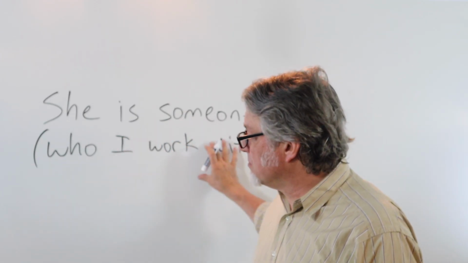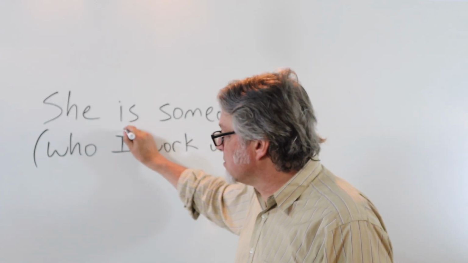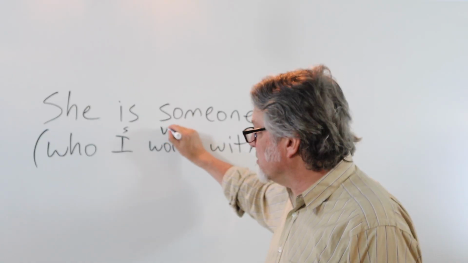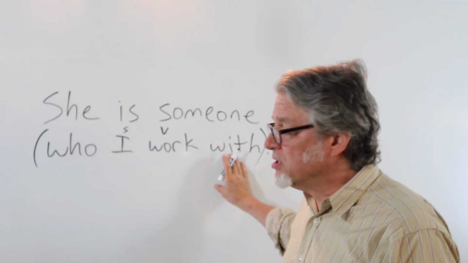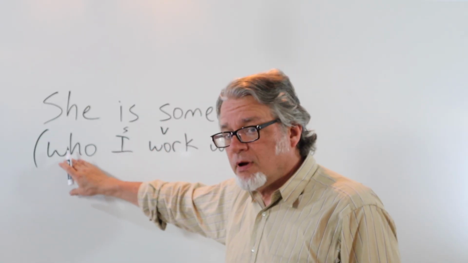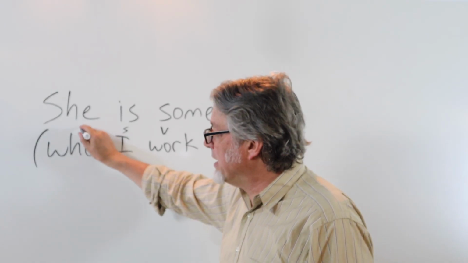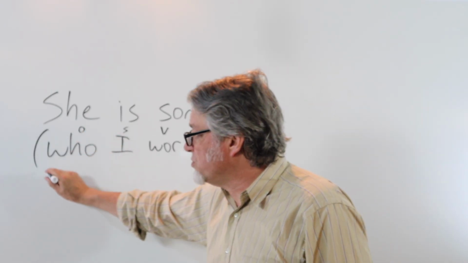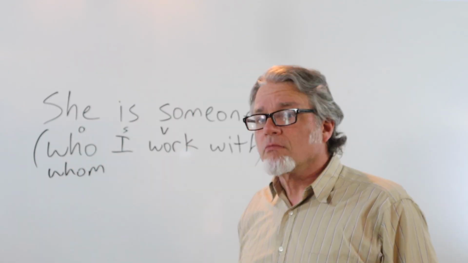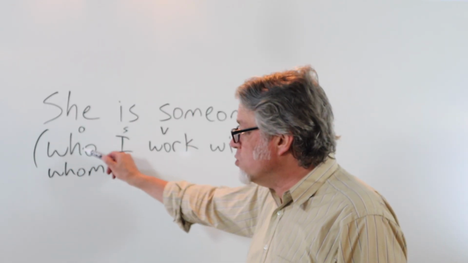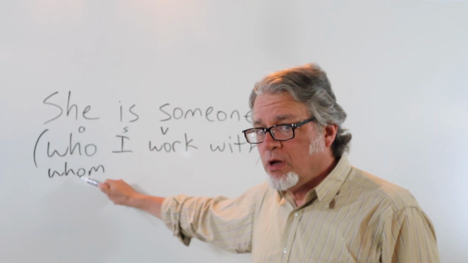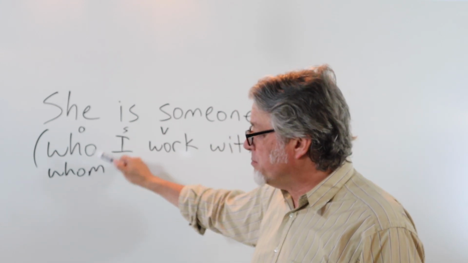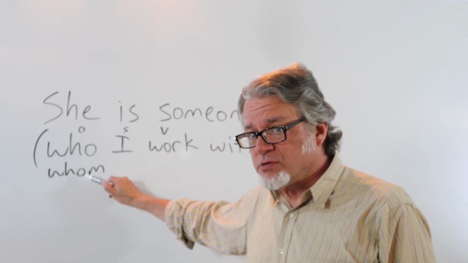In the clause, this is the subject, this is the verb, this is a preposition, and this pronoun is functioning as the object. In formal English, use whom. Most people use who instead of whom. Whom sounds very formal, but it is the correct choice.